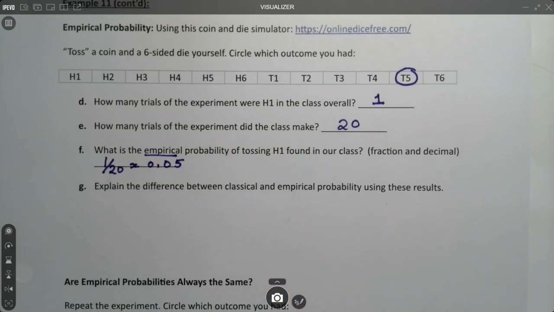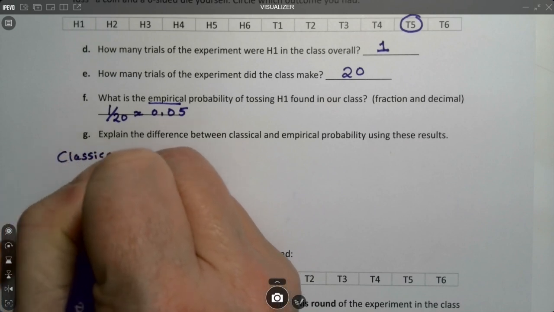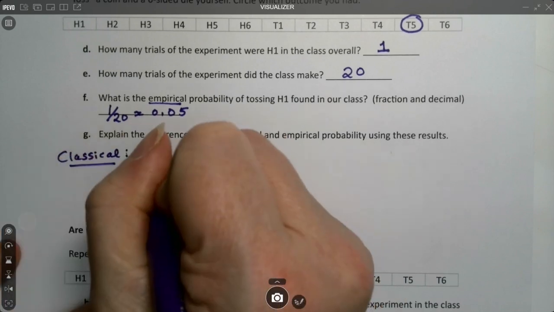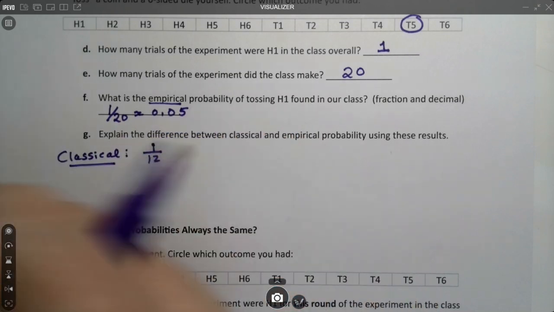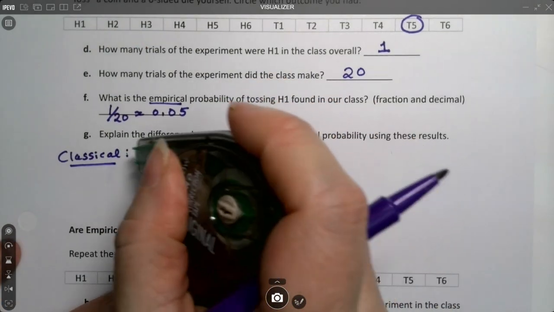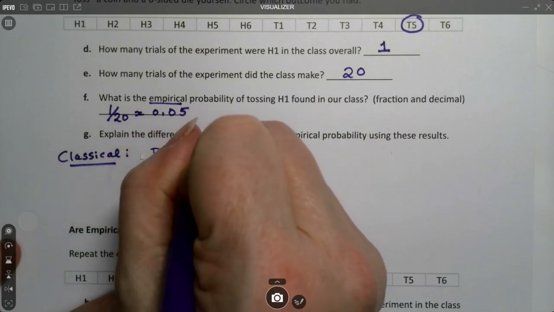Isn't that interesting? Okay, so why didn't it work out exactly? Well, that's because the classical probability of H1, sorry, was 1 out of 12. It doesn't really matter the fraction.